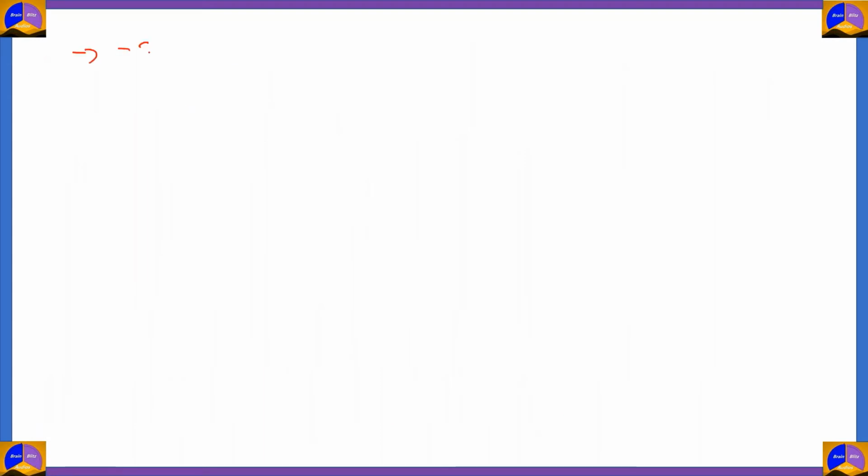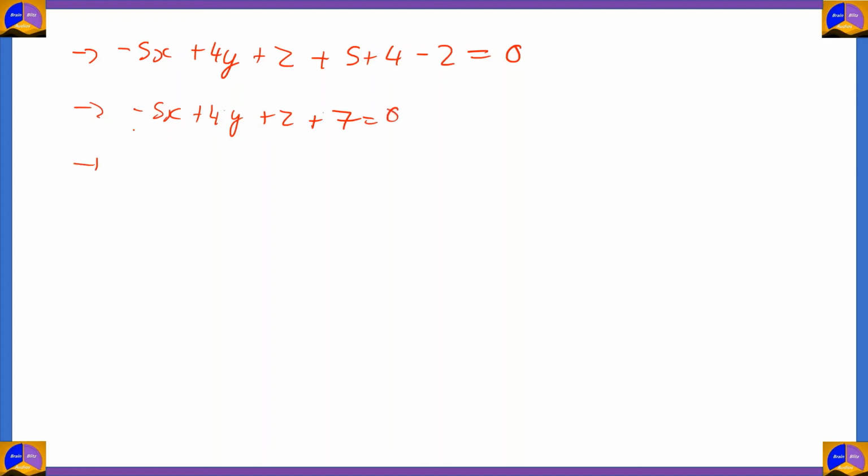So then we'll get minus 5x plus 4y plus z plus 5 plus 4 minus 2 equals 0. So 5 plus 4 is 9, 9 minus 2 is 7. So minus 5x plus 4y plus z plus 7 equals 0.